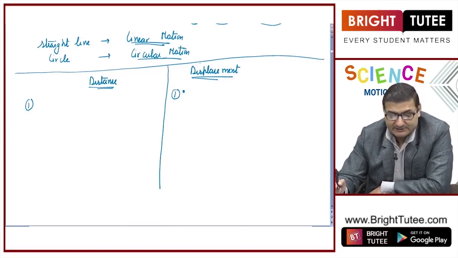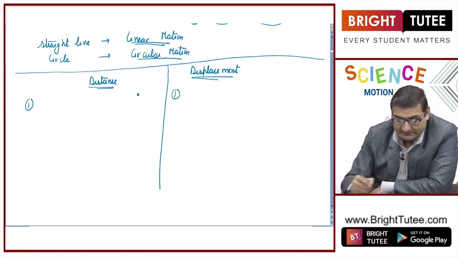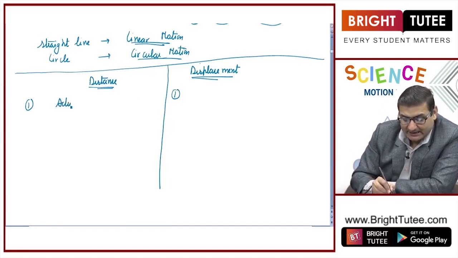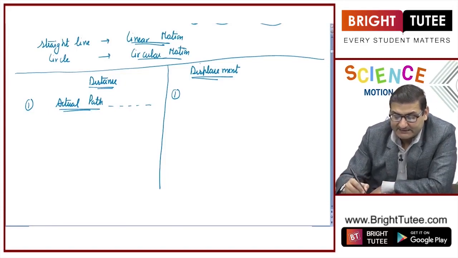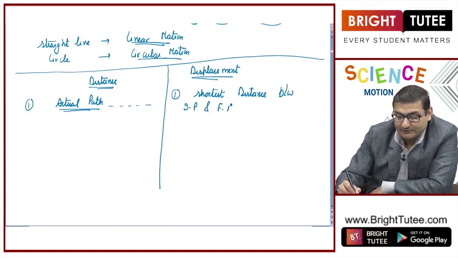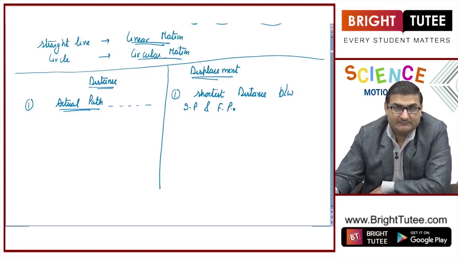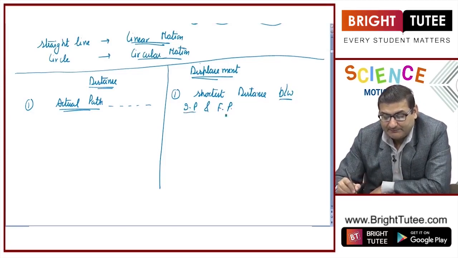As per the definition we saw, distance is the actual path covered by an object, you have to write it in full. Whereas displacement is the shortest or perpendicular distance between the initial point and the final point, or initial position and final position.